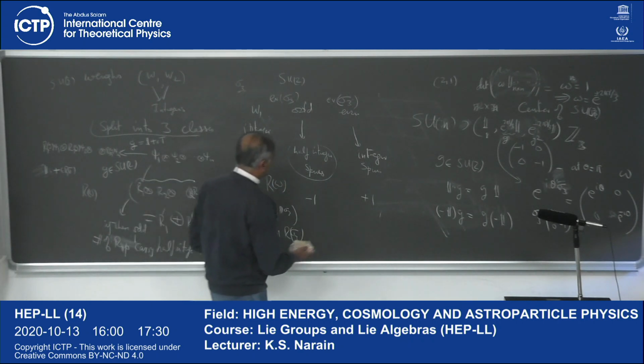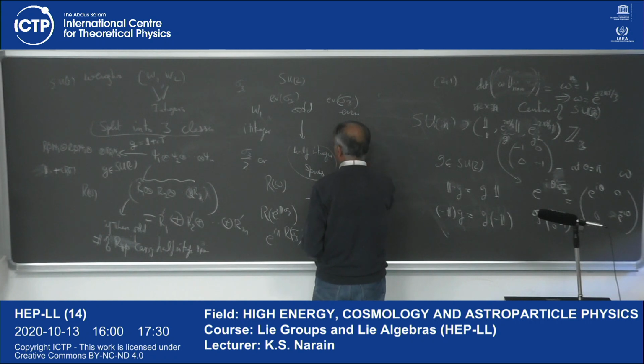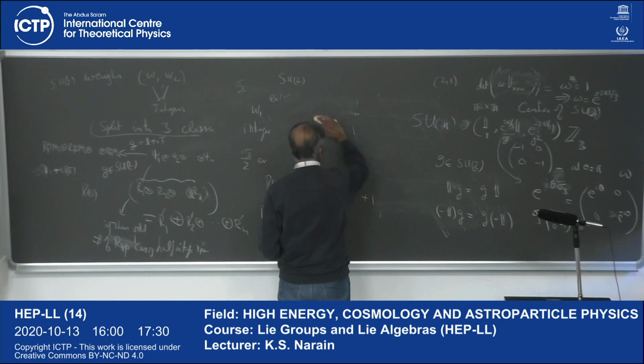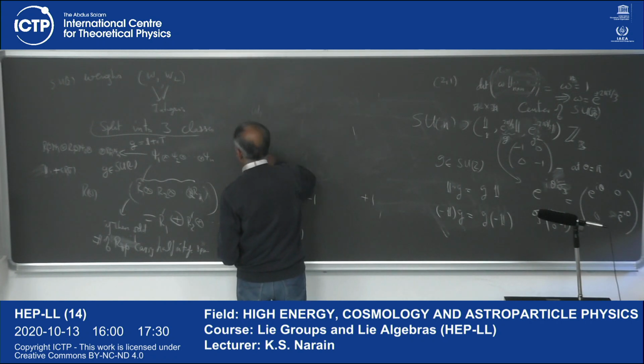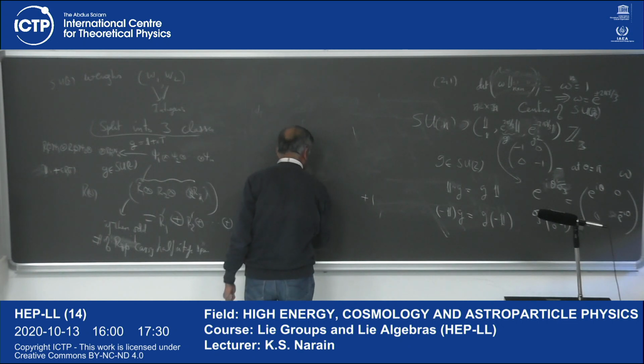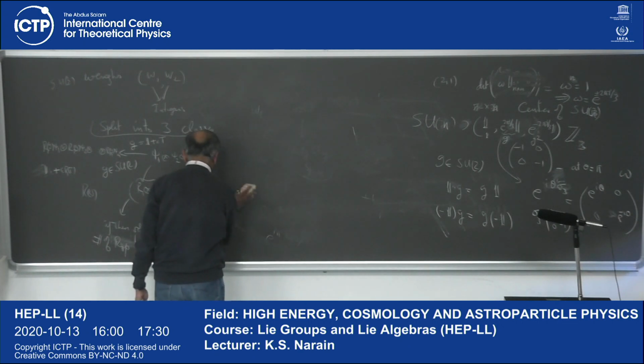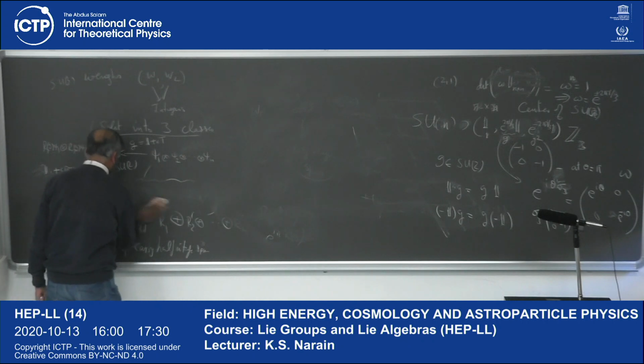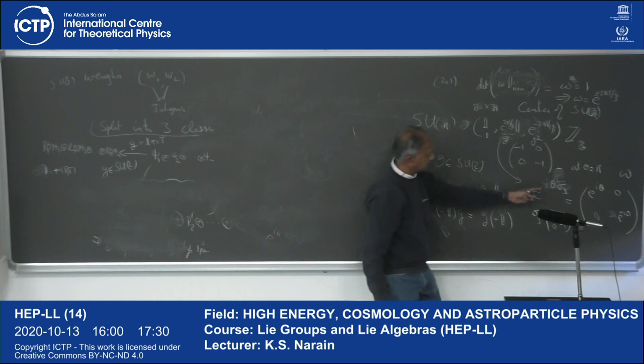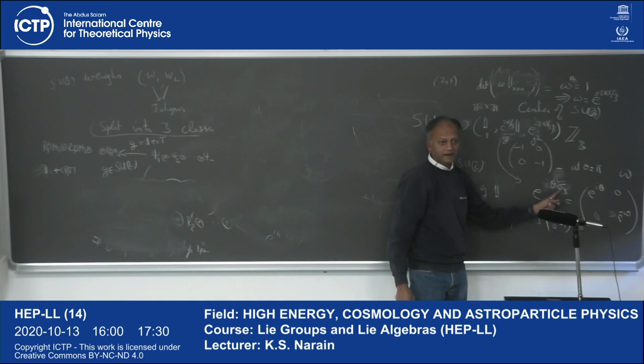All right, so now we want to ask the question, how does this act on our different weights? The first step is to express it, just like we did for SU2 where sigma 3 was a Cartan generator, as an exponential of the Cartan generators.